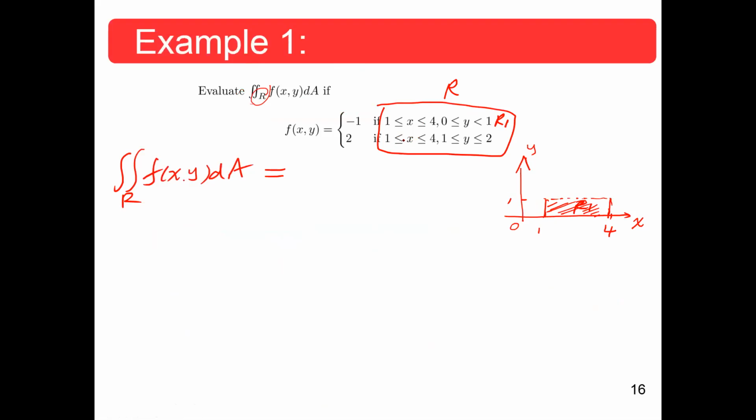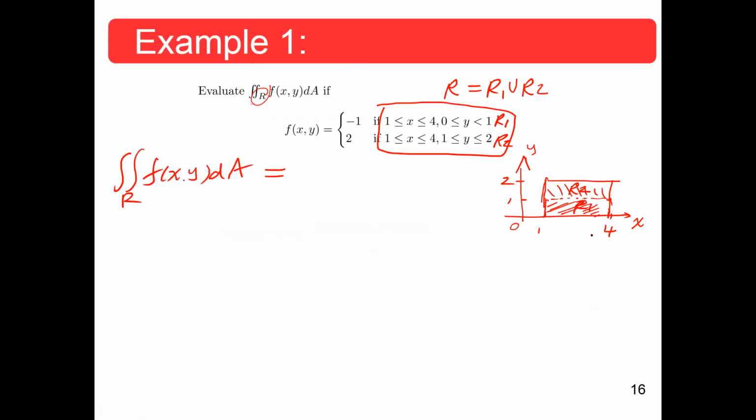The other part is for x between 1 and 4, y between 1 and 2. So y between 1 and 2, x is still between 1 and 4. So we can keep building another part. This will be my R2. R1 and R2 are not overlapping. They don't have any intersection other than this boundary, right? So I can say the region R will be R1 union R2.